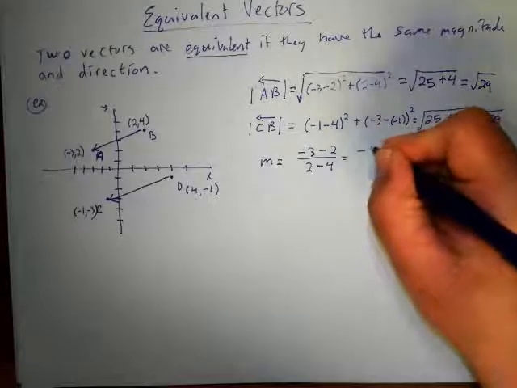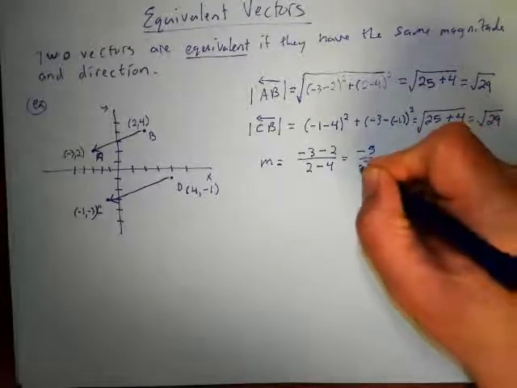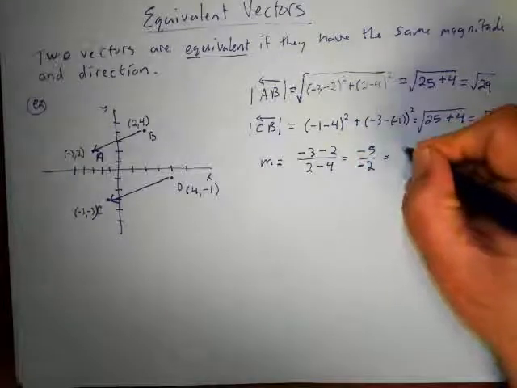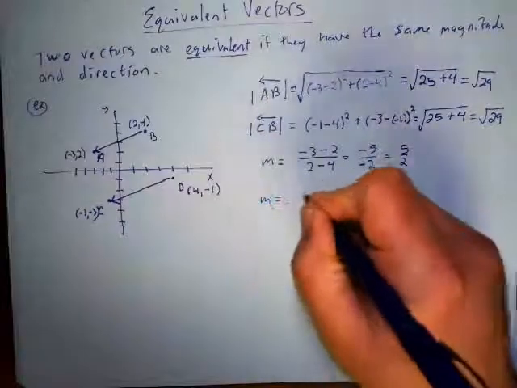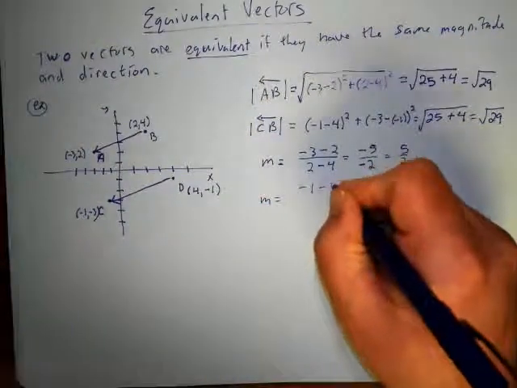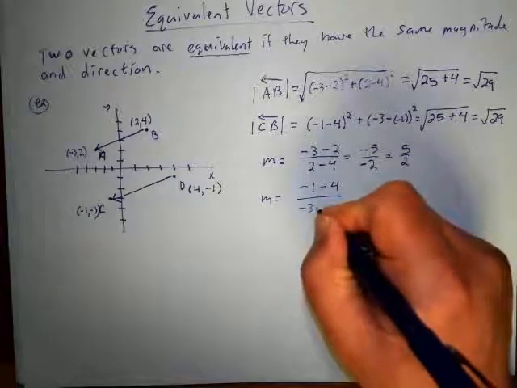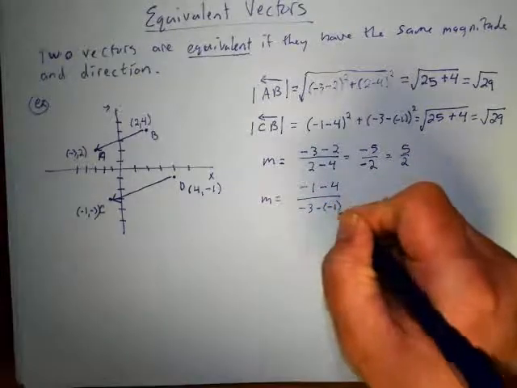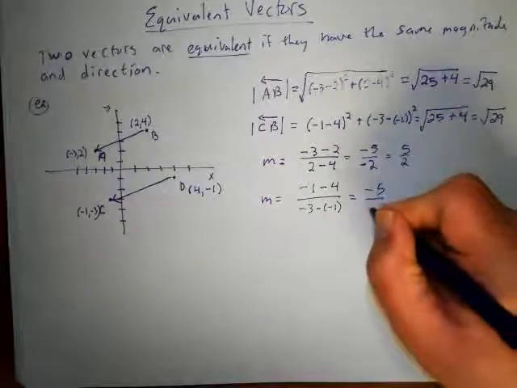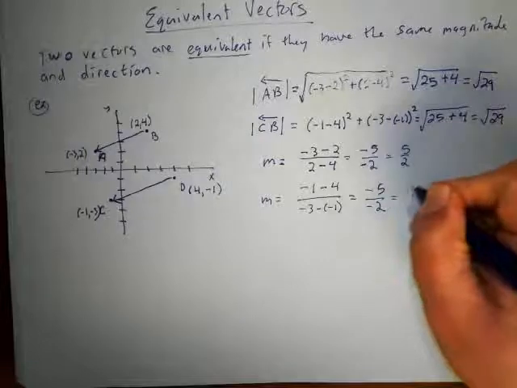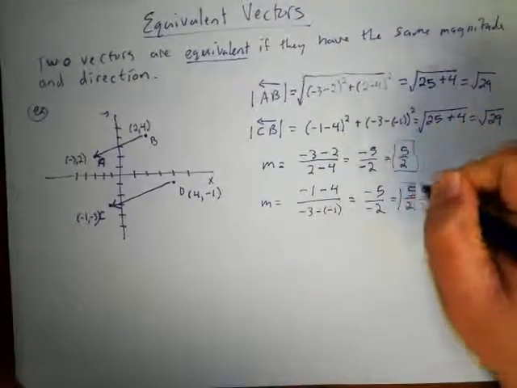So this is -5 over -2, or 5/2. And then this one is -1 minus 4 over -3 minus a -1. Again, this is negative 5 over negative 2, which is 5 halves. So they have the same slope.